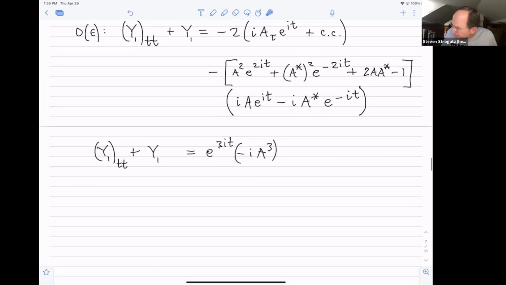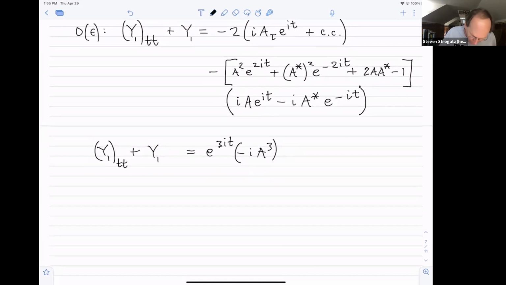We're looking for the amplitude equation on A, because that's going to govern the approach to the limit cycle. So this term doesn't help us in that respect. But the term that does help us is all the stuff proportional to e to the it. So let's now calmly figure out what that is. E to the it times, I'll just write it down and we can verify it in a minute.